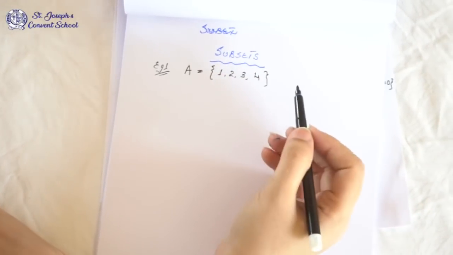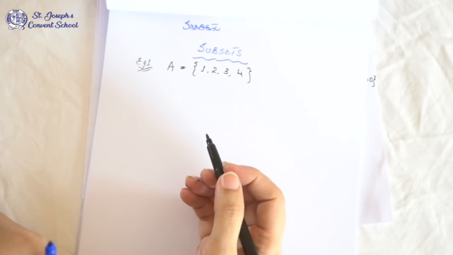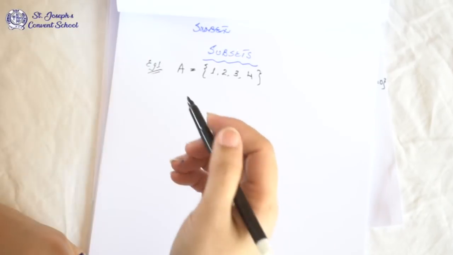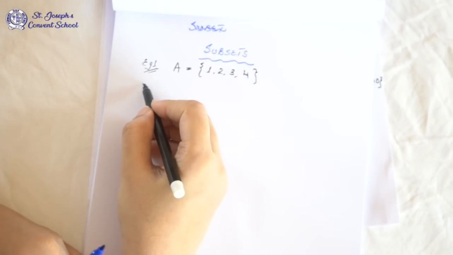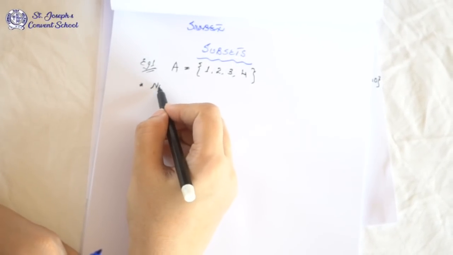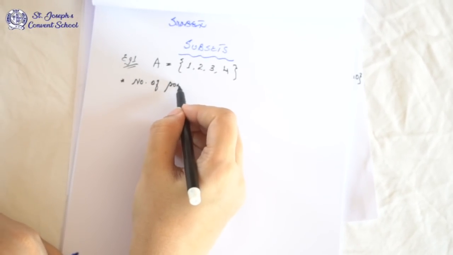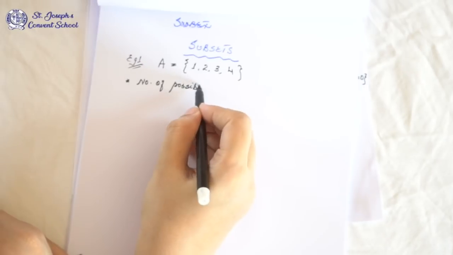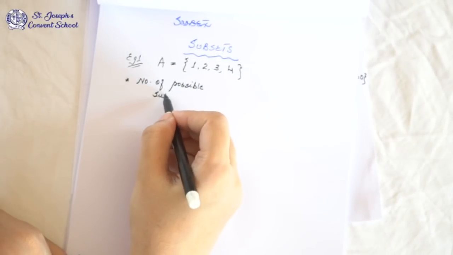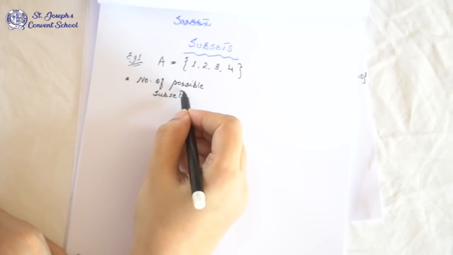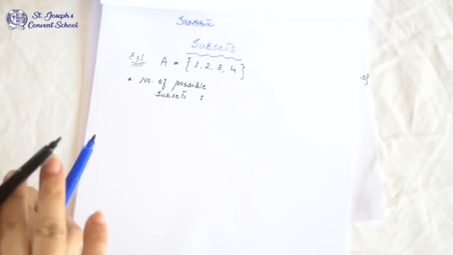So how many subsets can you make from this? How can you find the number of possible subsets?